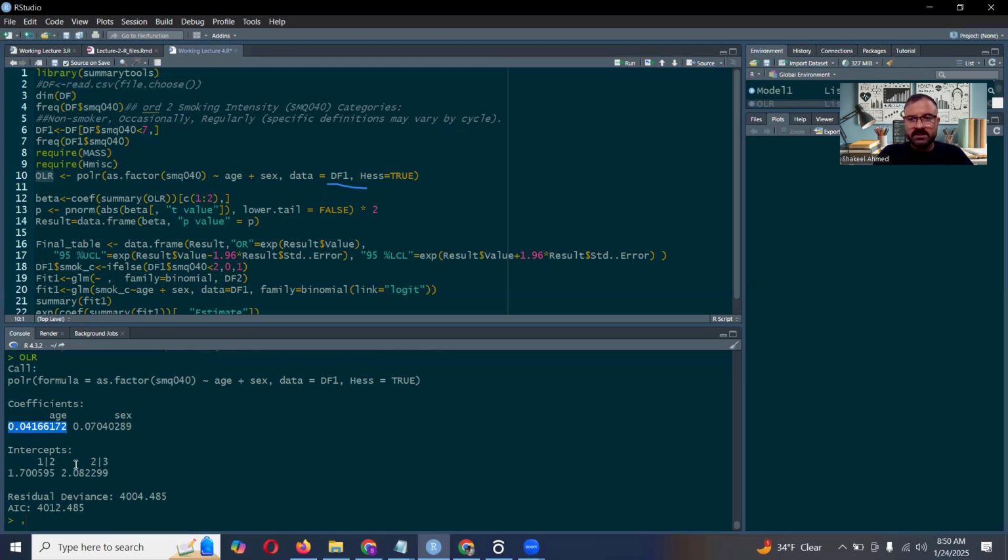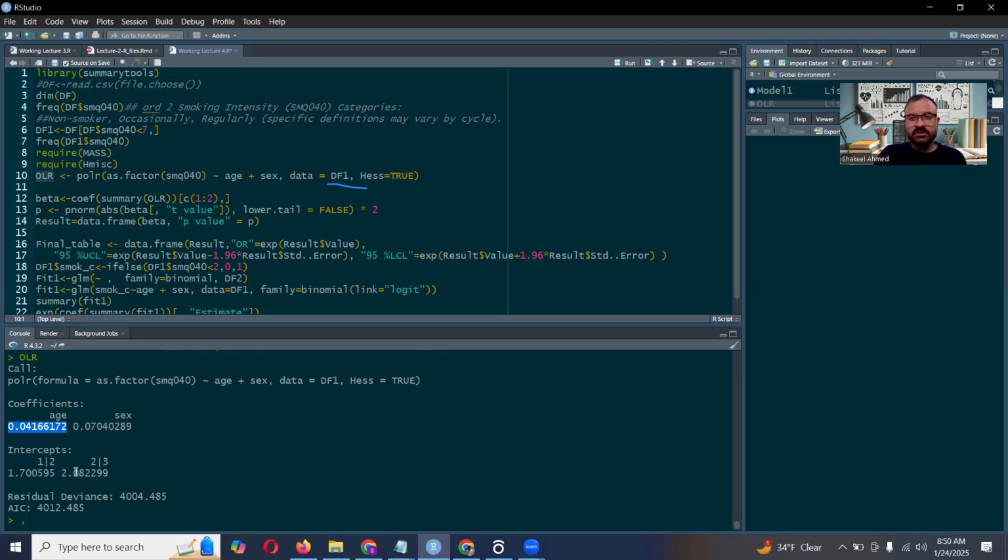As you are changing the categories, from the probability of going from category 1 to category 2 and category 2 to category 3, the odds are the same. Now we are assuming the same odds. So this is called the proportional odds assumption, and you need to check it using the parallel hazard assumption, whether beta is constant over the categories or not.